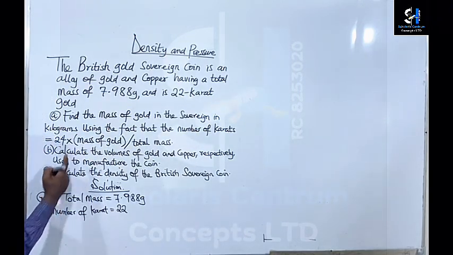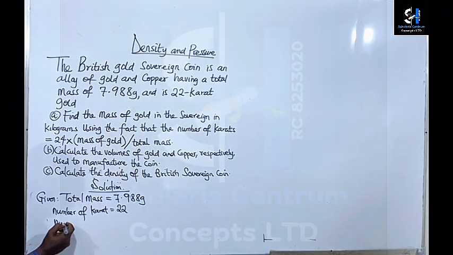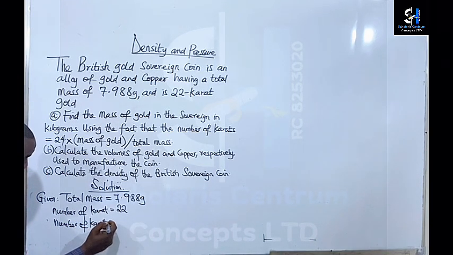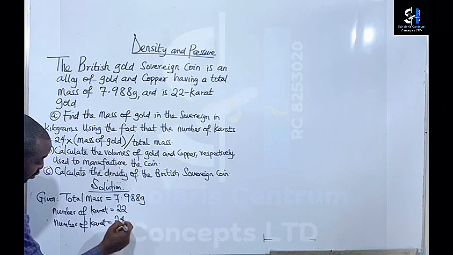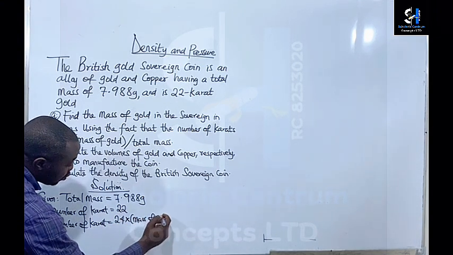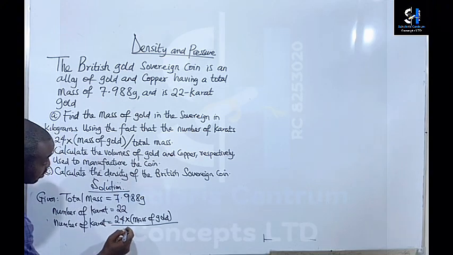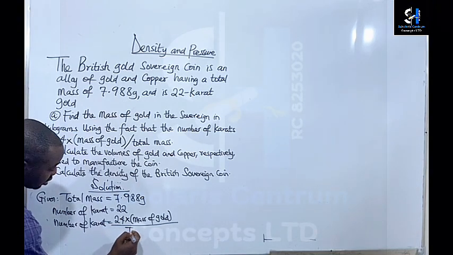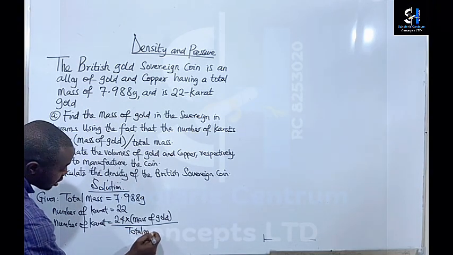We're also given the information that number of karat is equal to 24 multiplied by mass of gold divided by total mass.